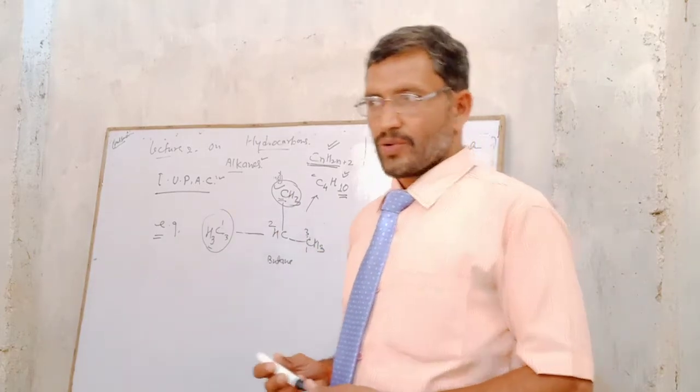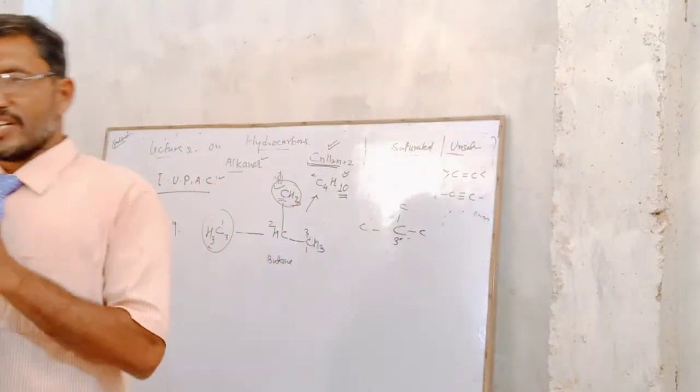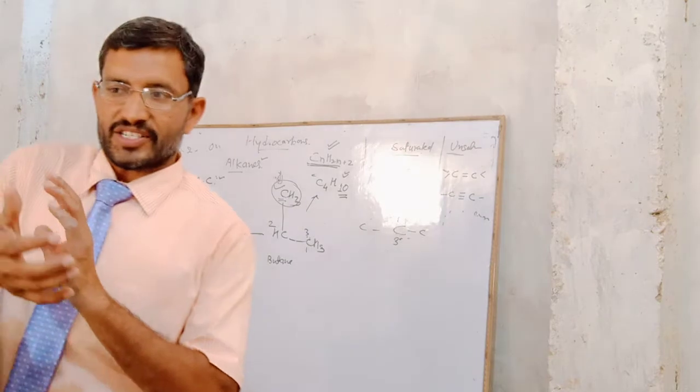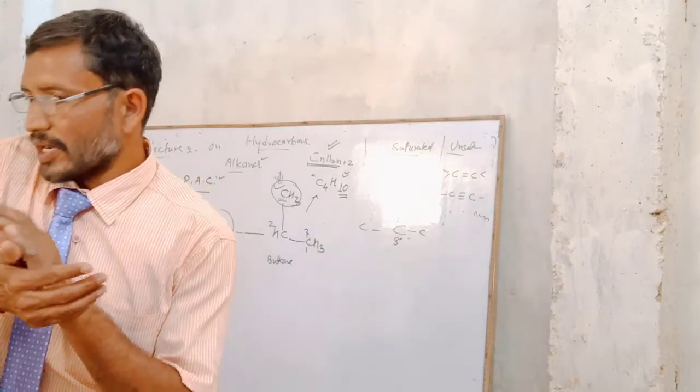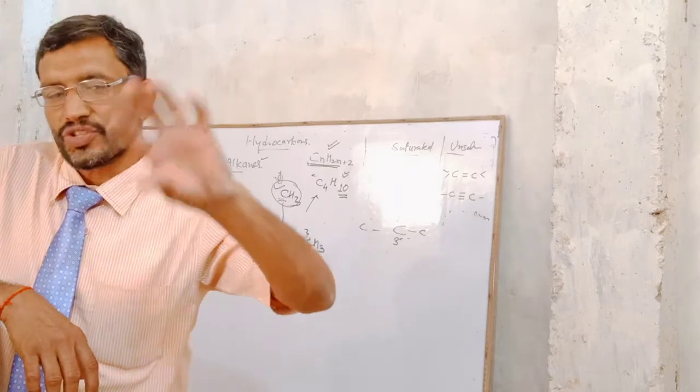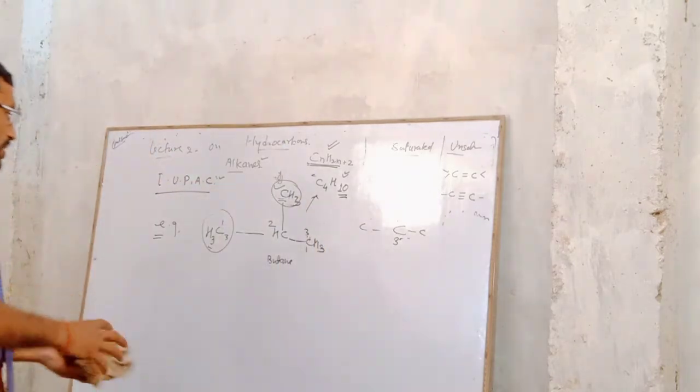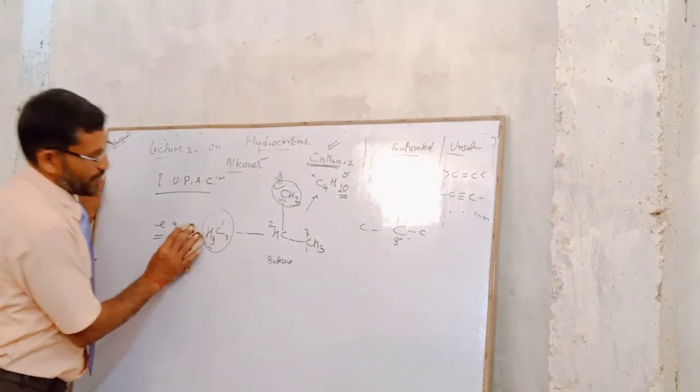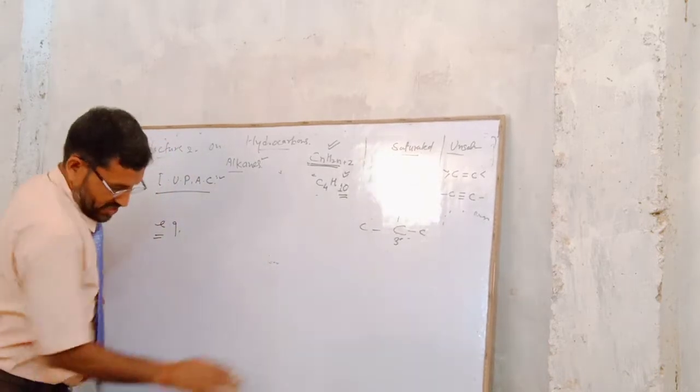My question is like that. जो ब्रांचिंग है, longest branching you have to take. साइड में जो छोड़ता है उसको छोड़ देते हैं, राइट? छोड़ने के बाद नोमेनक्लेचर करते हैं. So again I repeat, this carbon atom, similar butane.